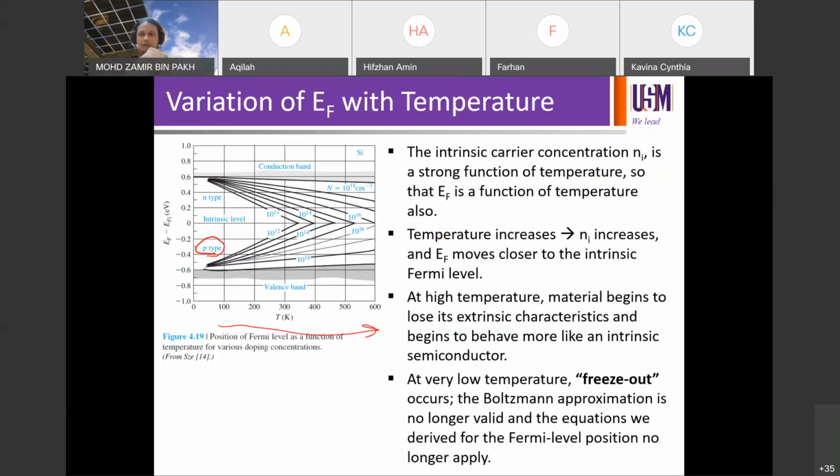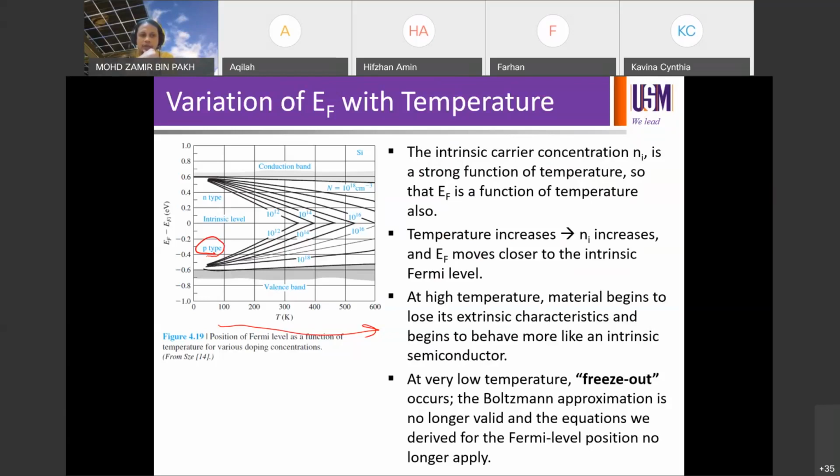So intrinsic Fermi level, where is it? Where's the location of intrinsic Fermi level on the y-axis? Yeah, 0, right? Yep, 0. So what does it mean by 0 there? Why is it 0?